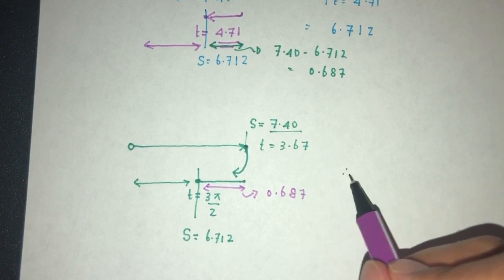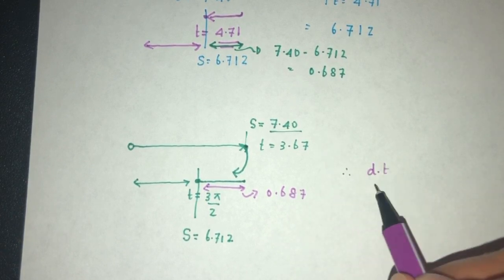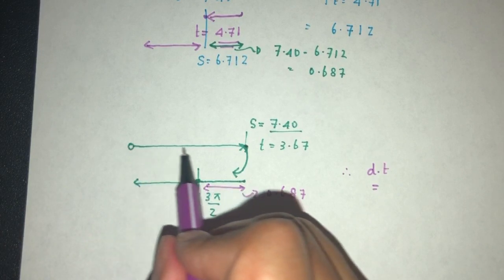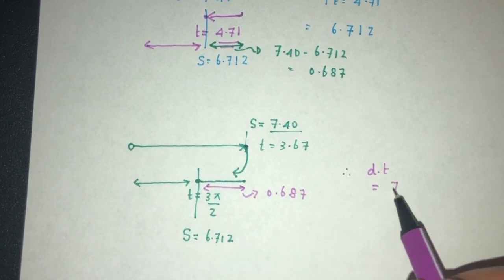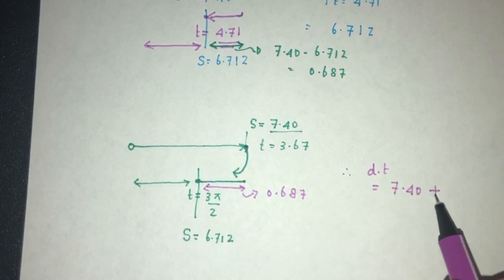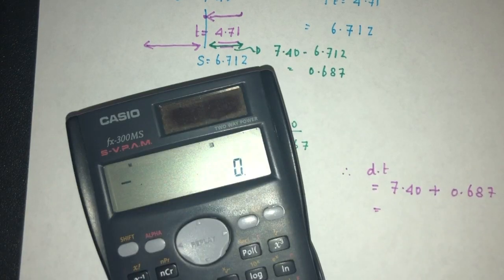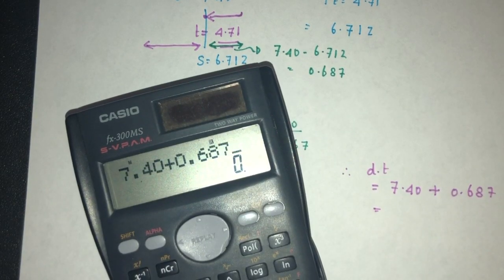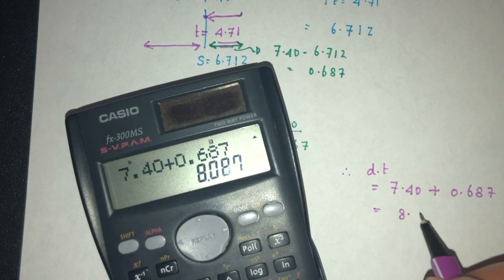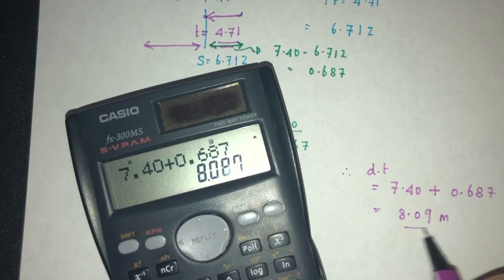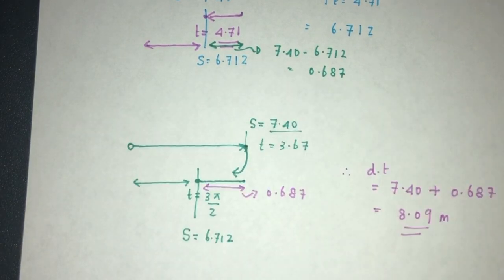Hence the distance traveled is the first time you go in this direction, 7.40, plus this difference, 0.687, which should be 8.09 meters.